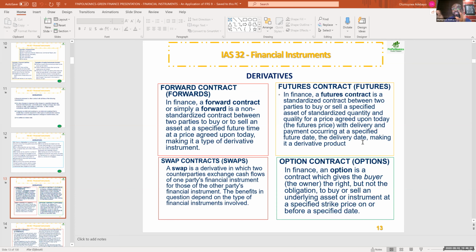A futures contract, otherwise known as futures, is more or less like a forward contract. But the uniqueness of it is that, one, it is a standardized contract. The word standardized differs from customized. Standardized means that there is a regulation that more or less guides the principles and practices of such a contract. Secondly, there is an intermediary by compulsion, which intermediates between the two counterparties.